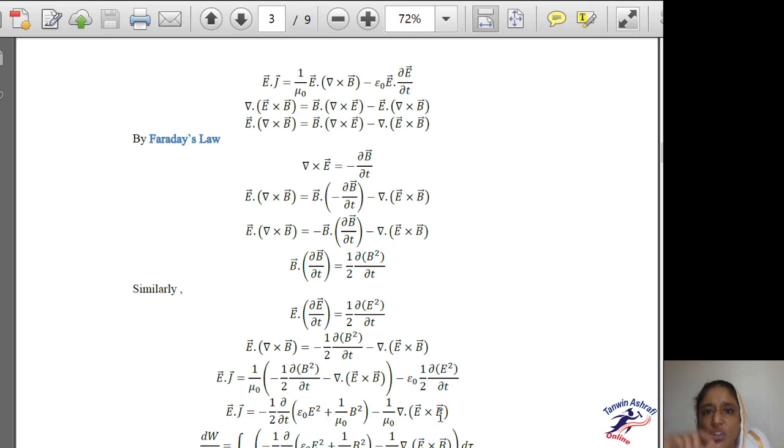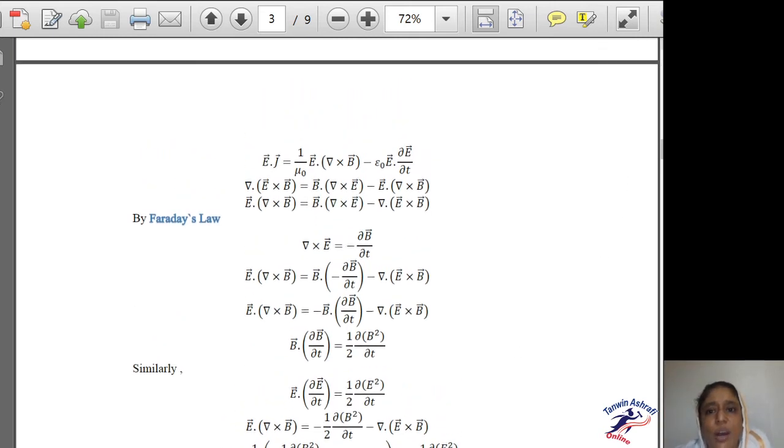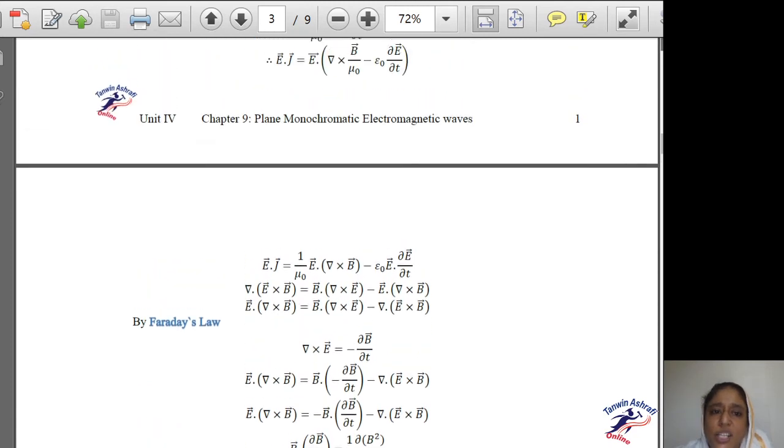Now this E dot J has been taken from the integration terms of dW by dt.